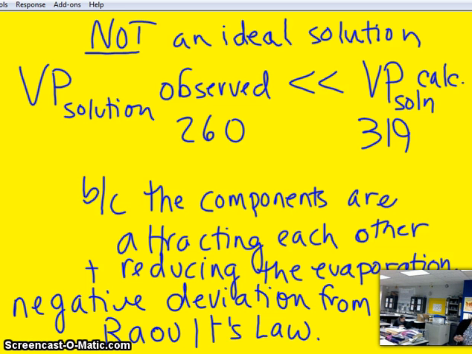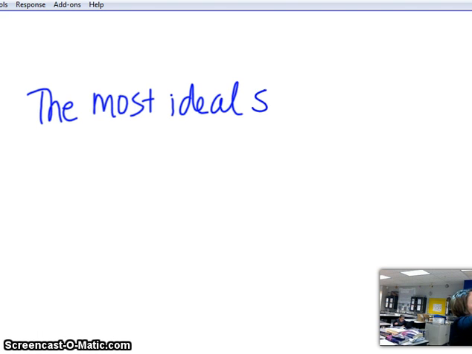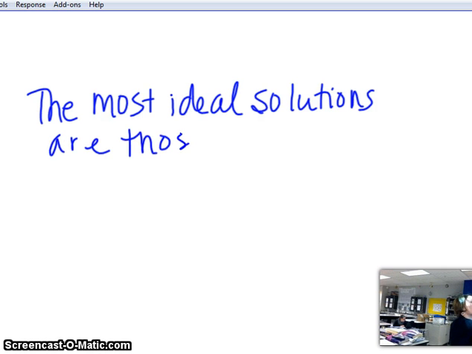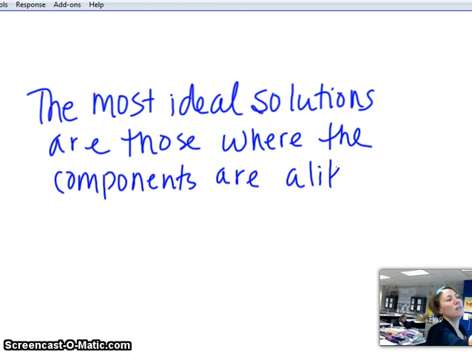The most ideal solutions are those where the components are alike. And have little interaction with each other.